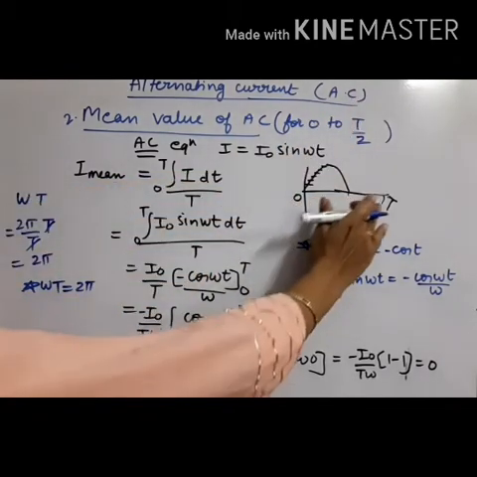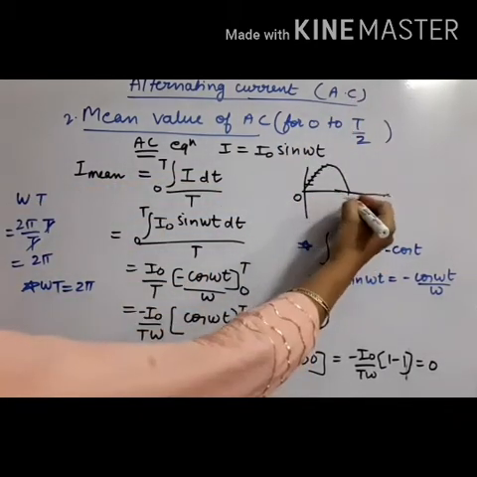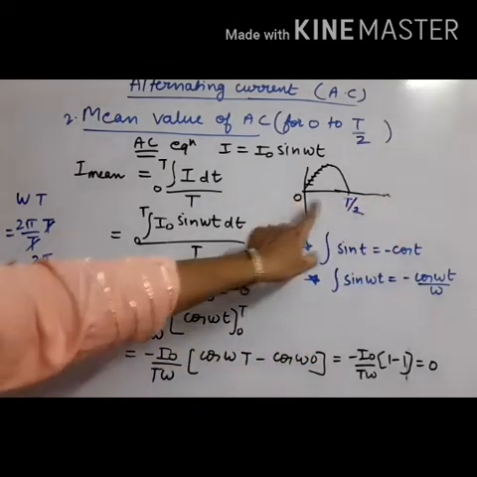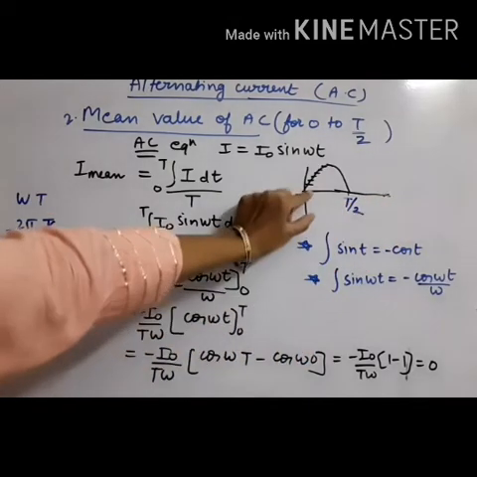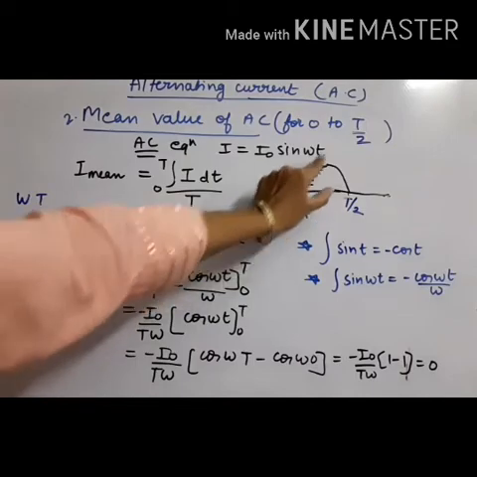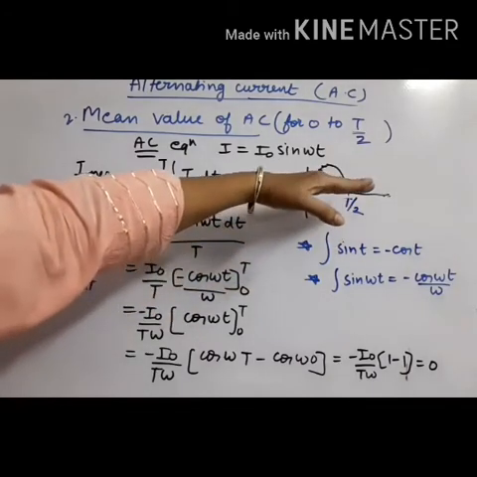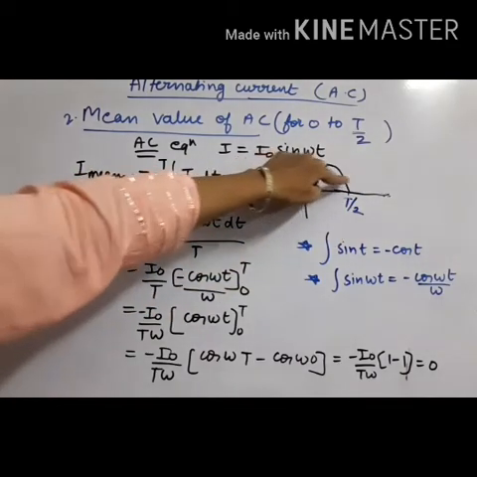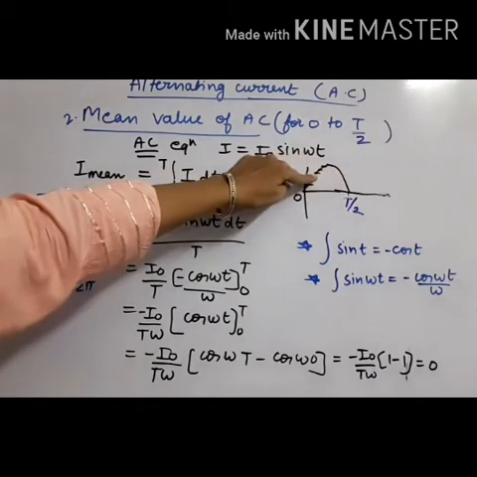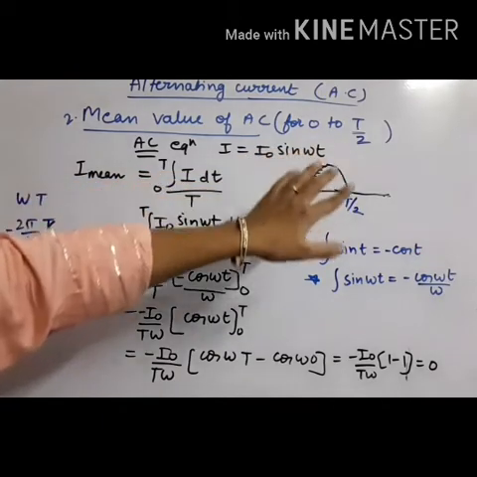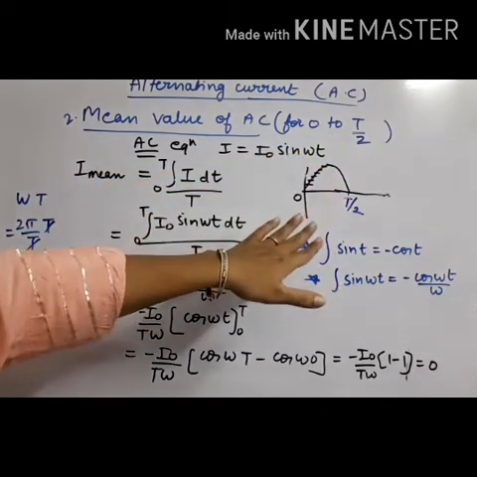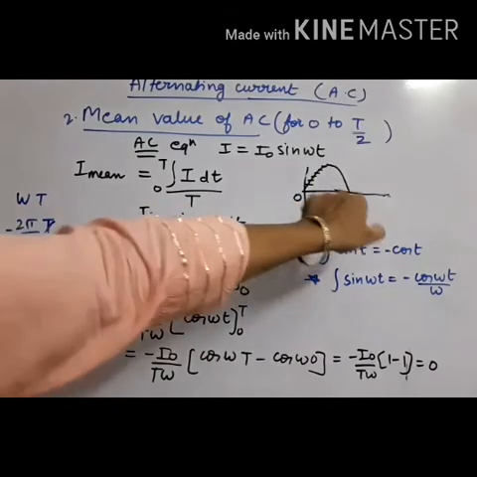So in this graph, only for 0 to T by 2, we look at how the variation of current takes place and calculate its mean value. The mean value will be somewhere in between. So now the answer will not come 0. Let's see what the answer is, because now negative values are not there.